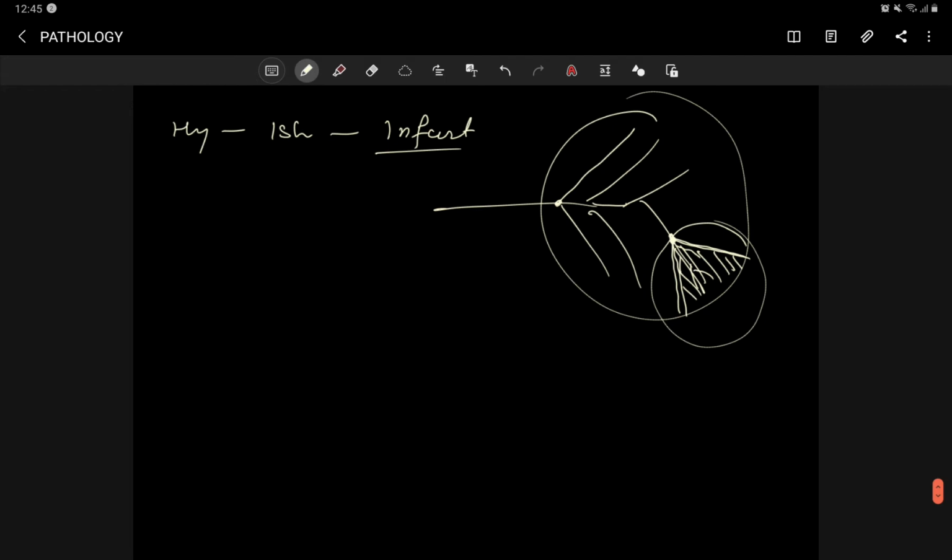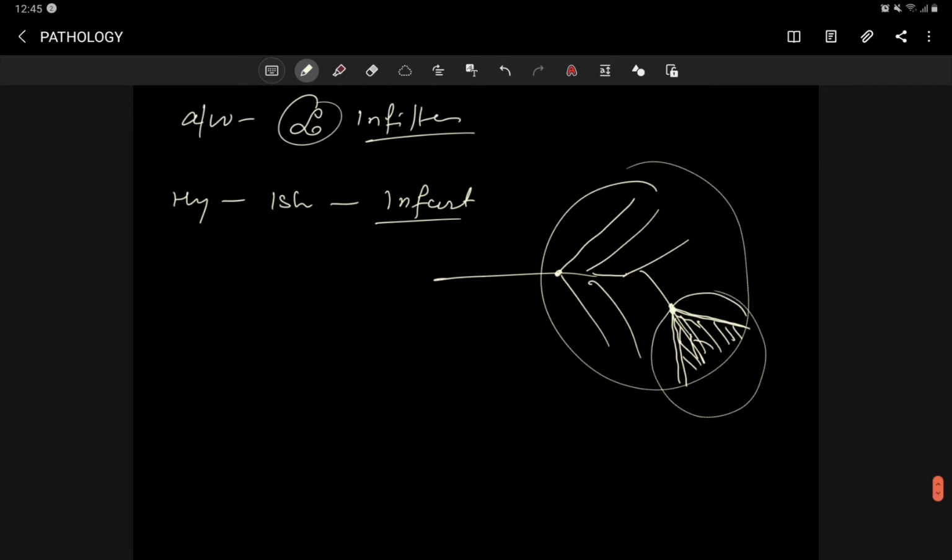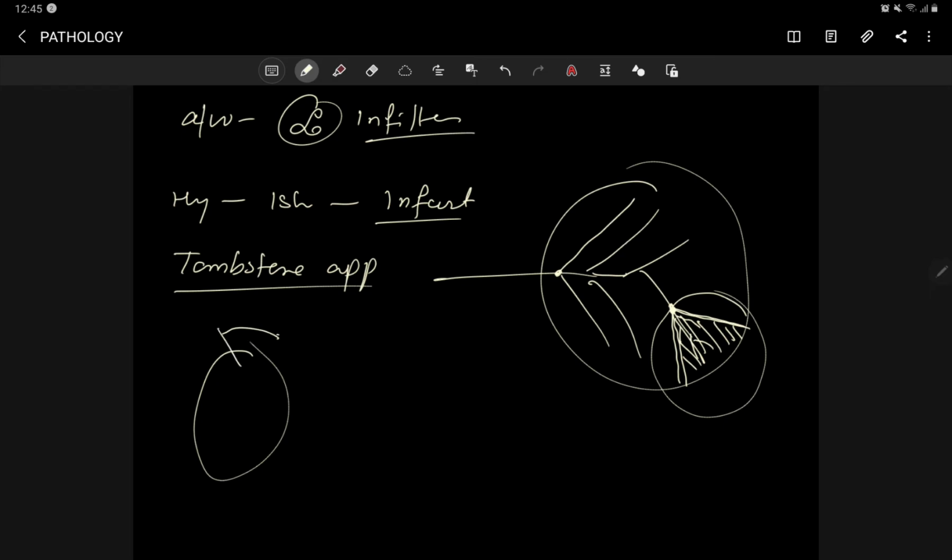Now, I don't know about this reason or the other reason which I am going to say. This infarction also appears as a tombstone appearance. The way you can remember it: suppose this is the tomb and someone puts a stone like this, that's why it is called tombstone appearance.